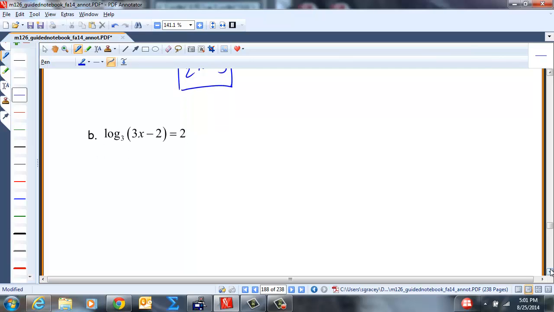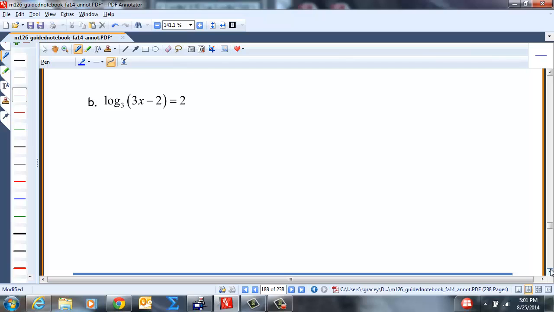Let's see this one. So what we have going on is the base is 3. A logarithm is an exponent, so you'll have 3 squared equals what's inside, which was 3x minus 2. So we'll get 9 equals 3x minus 2.